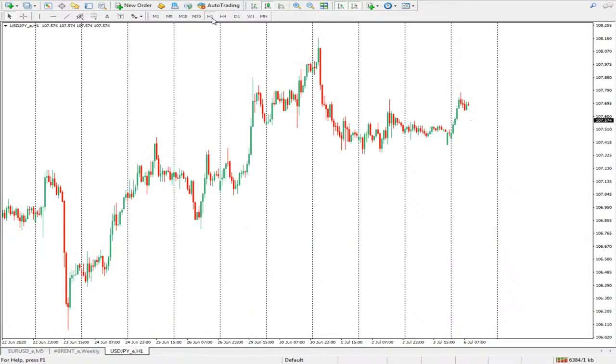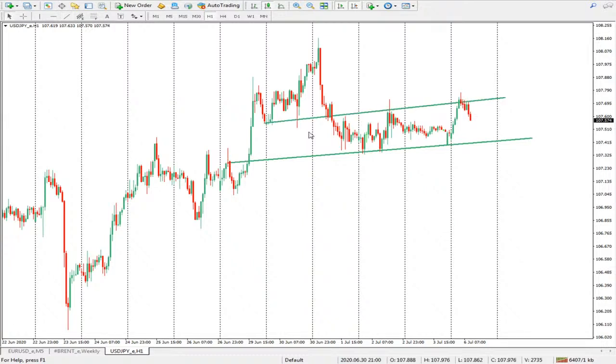If you check the 1 hour, we have a very good trend line here, and then you also have another trend line from the top. So basically we do expect sell positions. We have a support, there's a break, we have a resistance, and we had a resistance here. So we expect a sell position.